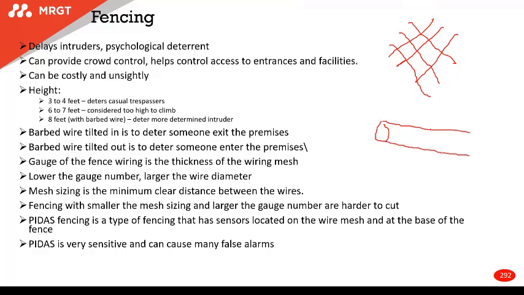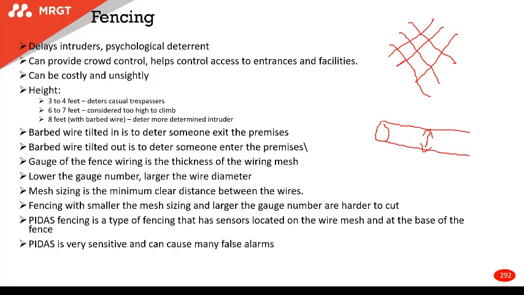So what's the diameter of this wire? It's measured in gauges, like 5 gauge, 2 gauge, 3 gauge, 2.5 gauge. If it's a big gauge, the wire would be very thick. If it's small, the wire will be very thin. Again, it depends on what kind of security you're trying to design.